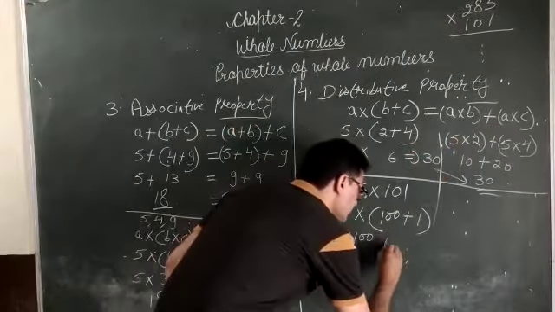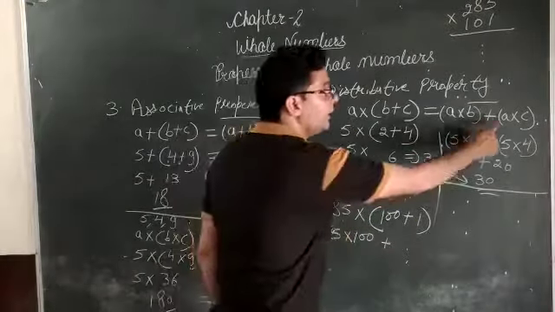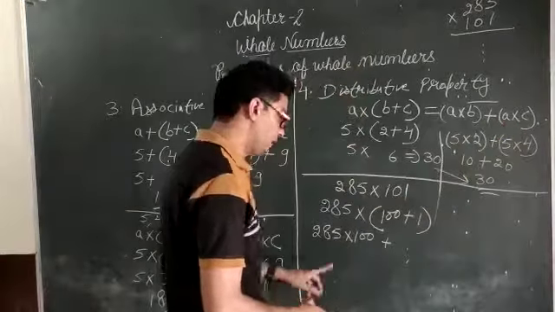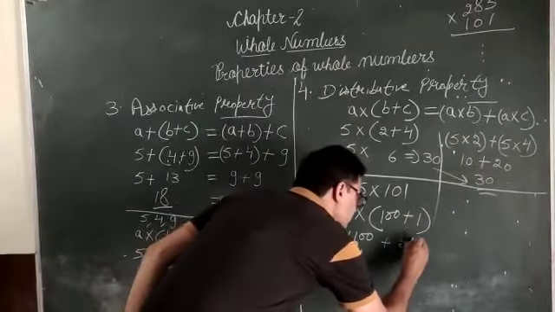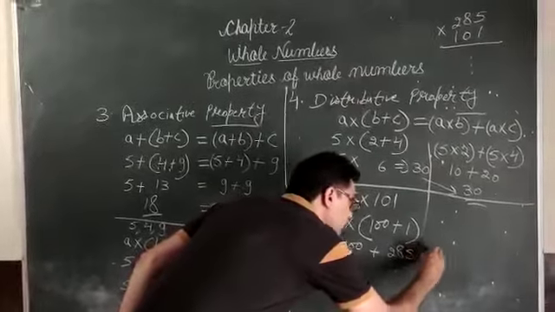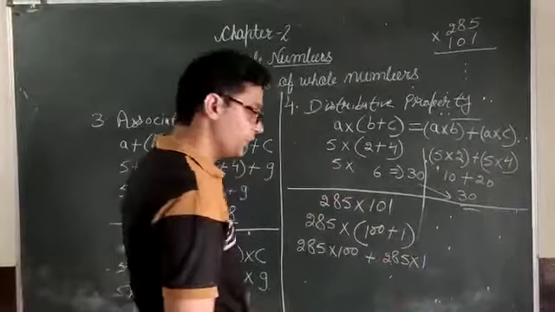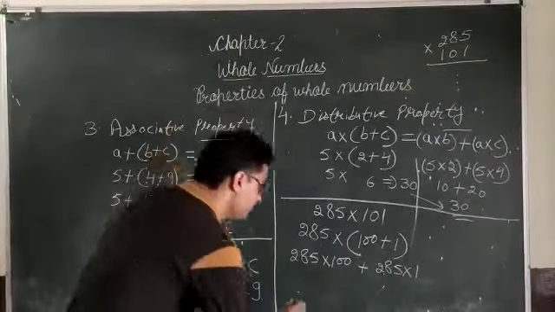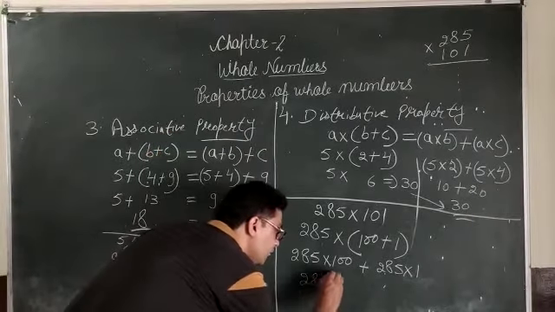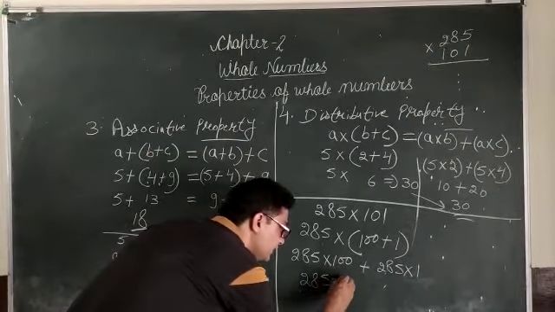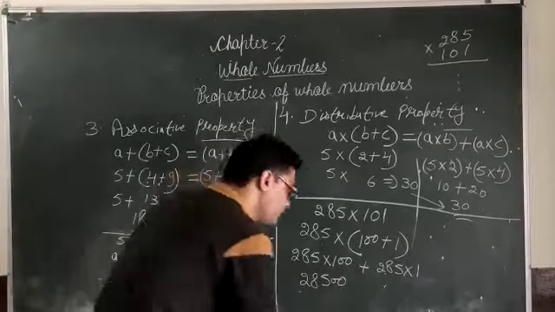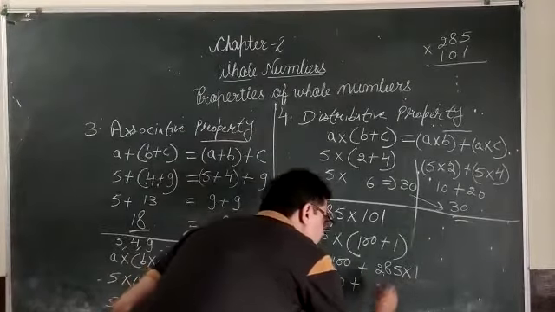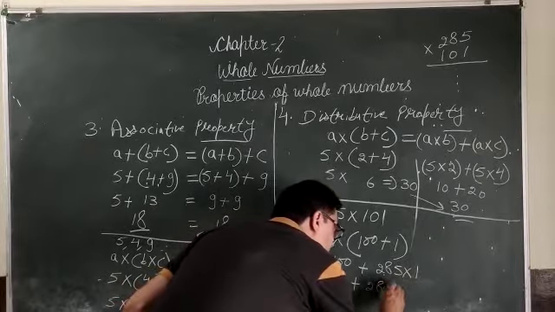Plus A into C. A means 285 into 1. Now 285 into 100 is very easy. 285 ones are 285, then 2 zeros are there, so 2 more zeros we can write. Plus 285 ones are 285.